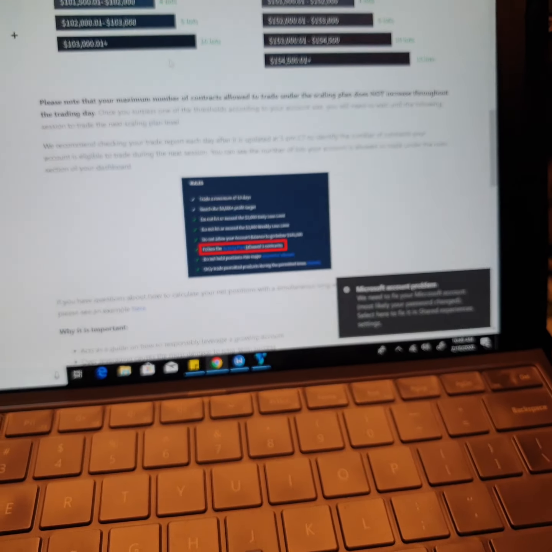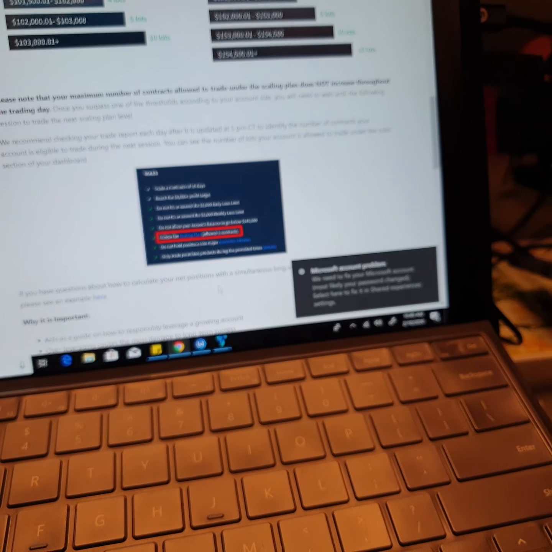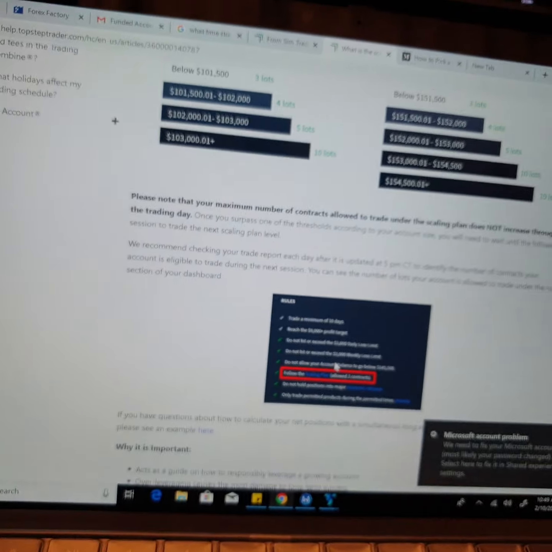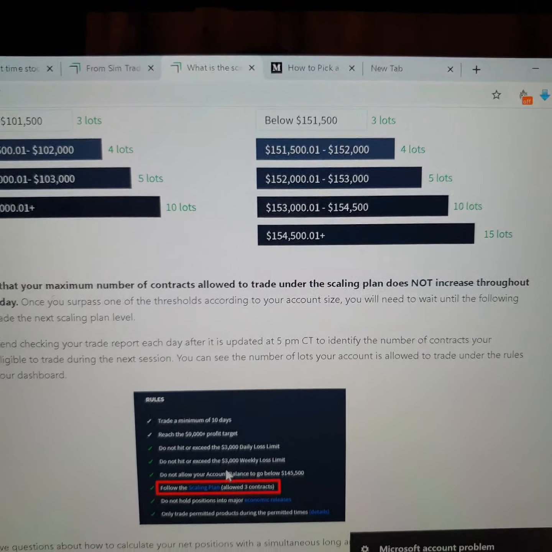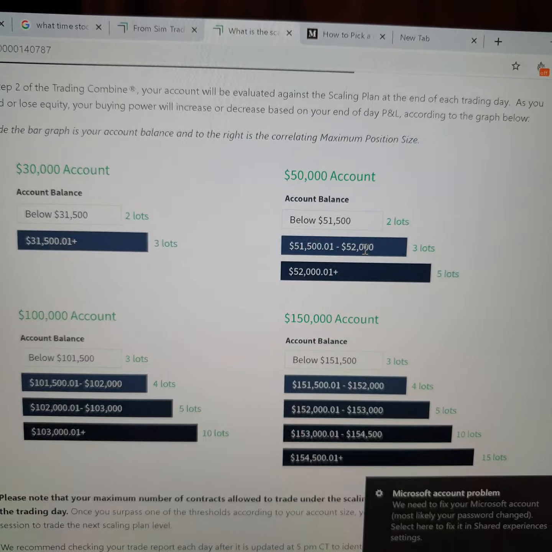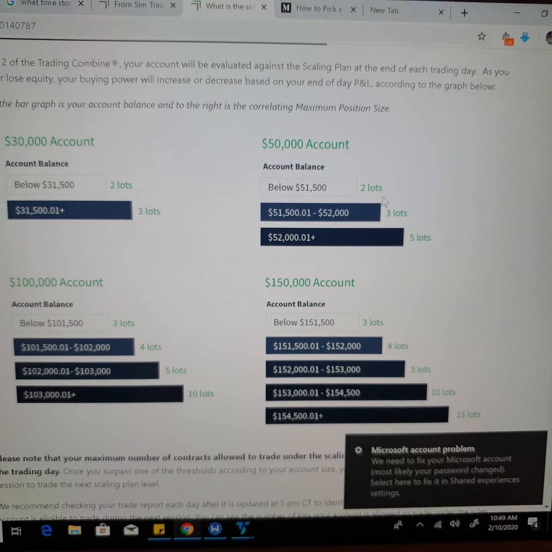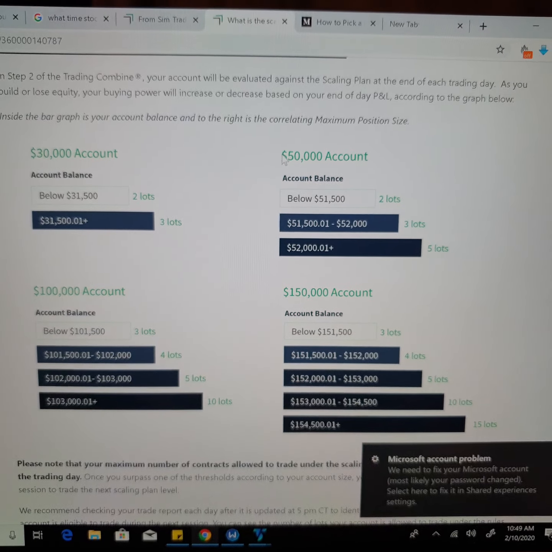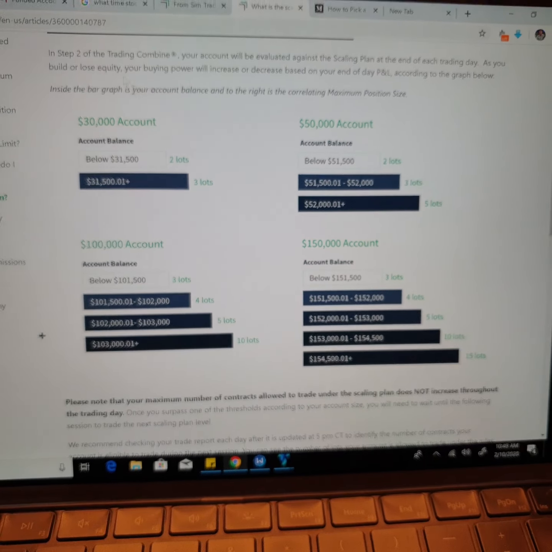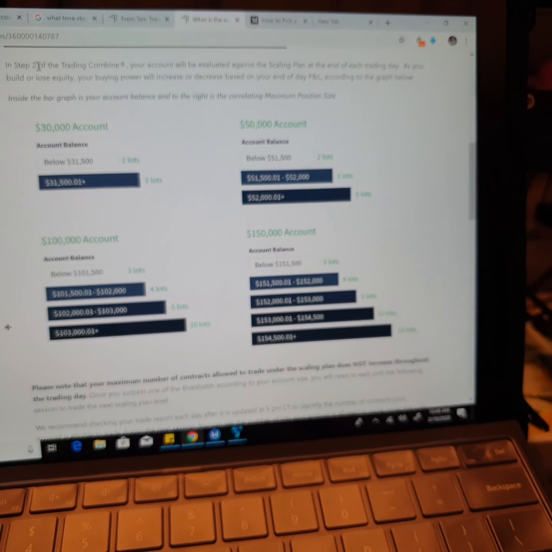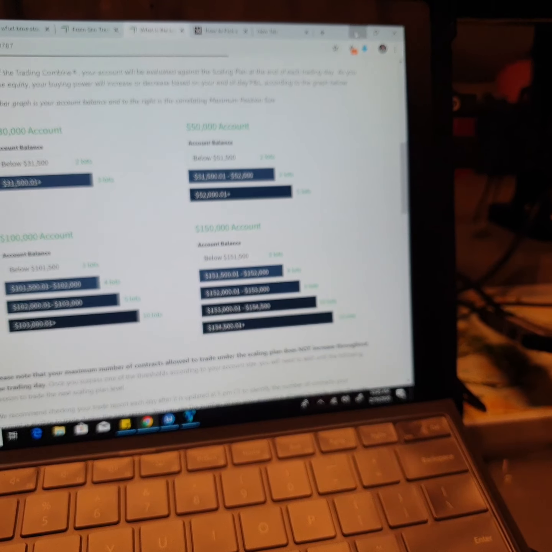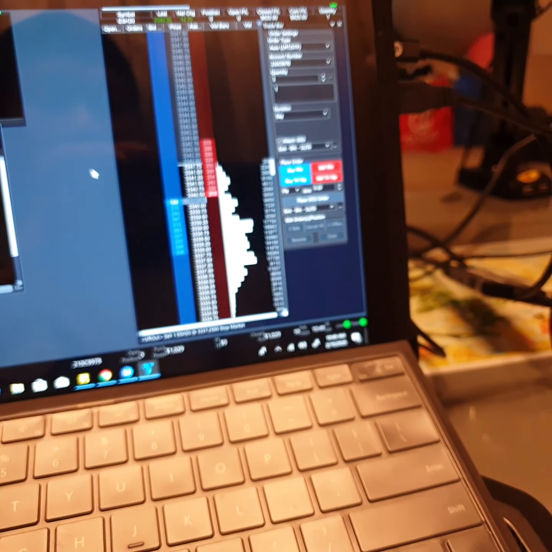There's a rule that you can't lose more than $1,000, and you can only have 2 lots in the beginning, because I got the $50,000 account to play with. This is my first day, so I was lucky that I won.